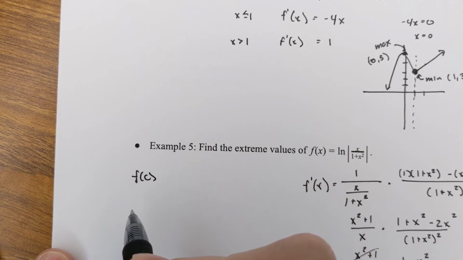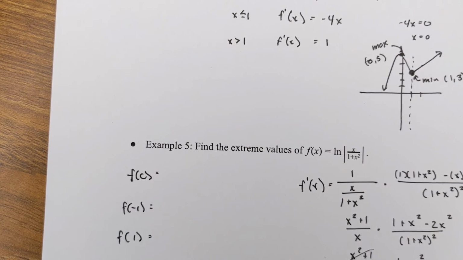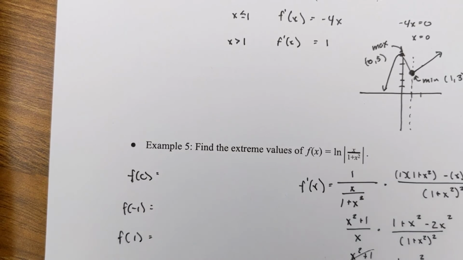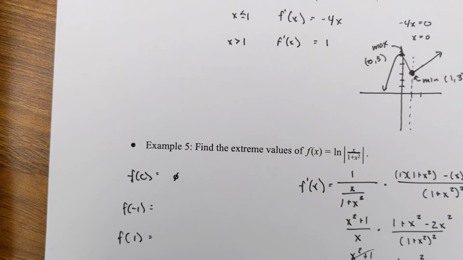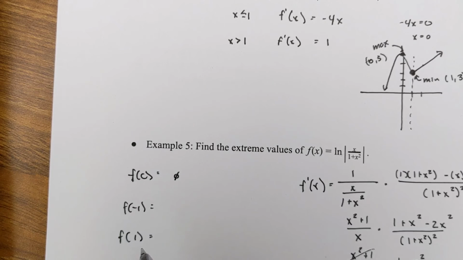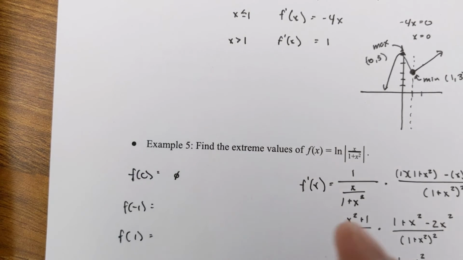So f of 0, f of -1, f of +1. If I plug 0 in, I have the natural log of 0, which is actually undefined, as you can't do that. So this actually has no solution. There is no value there. f of -1 would be, let's do some math here, 1 on top.